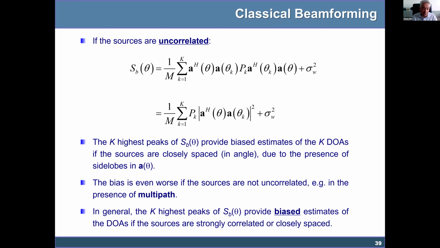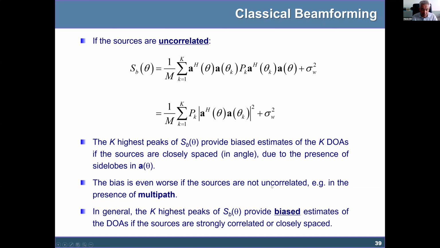And so the method is not consistent if we have multiple sources. Remember, we assume that the sources are uncorrelated. But if they are correlated, the bias is even larger because you have additional terms, and these additional terms in the summation introduce additional bias.